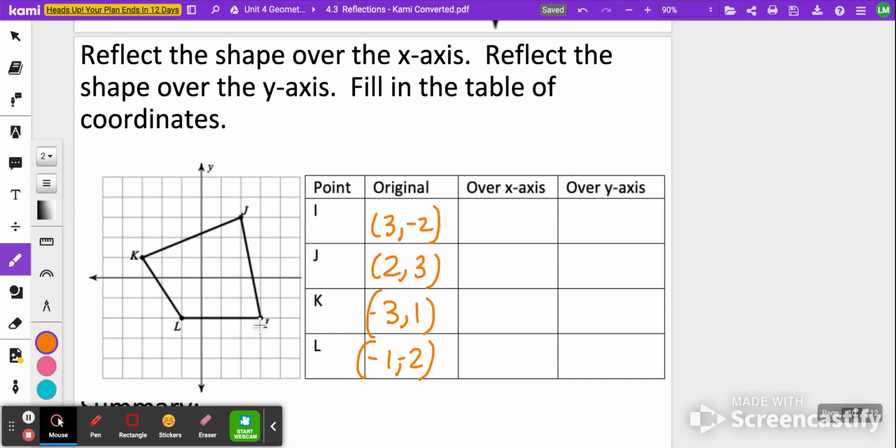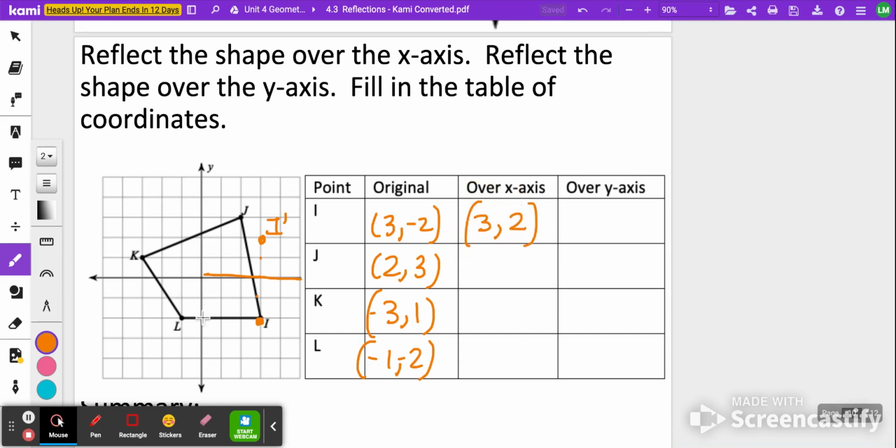Okay? If I were to reflect point I over the x-axis, here's I and here's the x-axis. I would go 1, 2 to start it and 1, 2 to finish it. So I prime reflected over the x-axis is now at 3, positive 2.